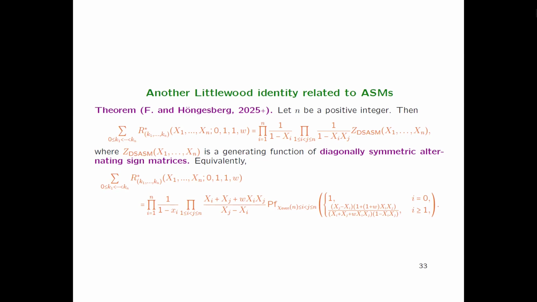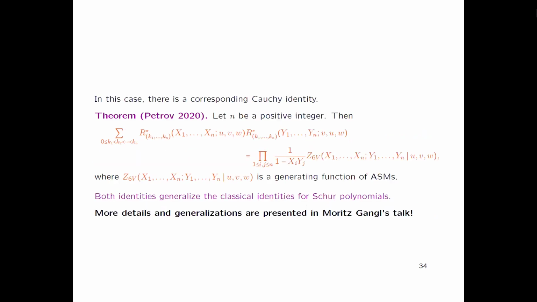So this is this Littlewood identity. Actually, from work of Petrov in probability, there follows the corresponding Cauchy identity. So that also has a Cauchy identity. For the other case I've shown you, we didn't find such a thing.